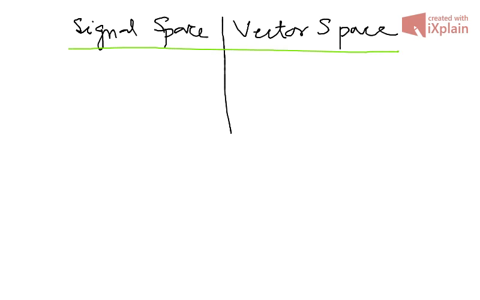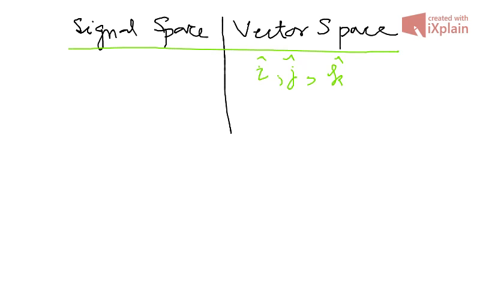in vector space we have three unit vectors: unit vector i, unit vector j, and unit vector k. We need these three unit vectors to define three-dimensional vector space. And here in the signal space we need three. Now keep in mind i, j and k are perpendicular to each other.